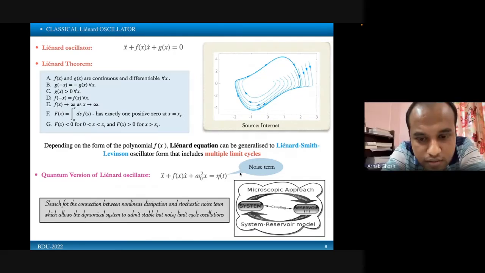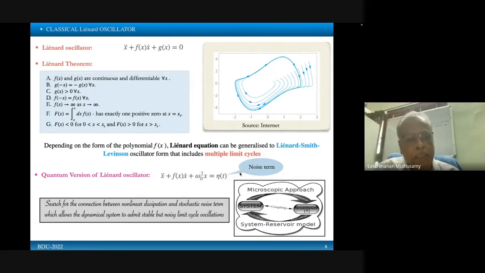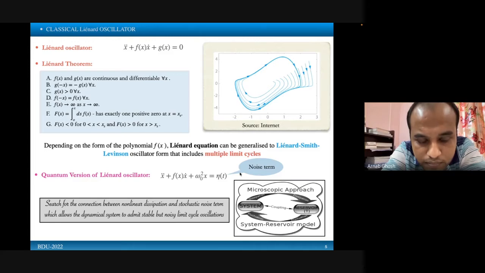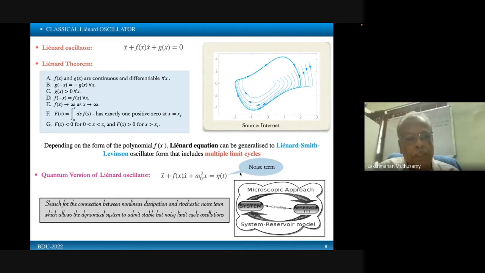That oscillator is exactly integrable, it has a Hamiltonian description, and you can map it onto a position-dependent mass Hamiltonian system. That system you can also quantize by going to the momentum space.